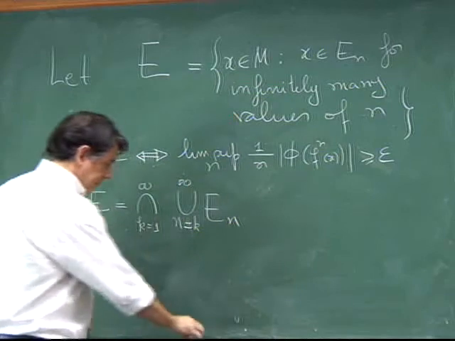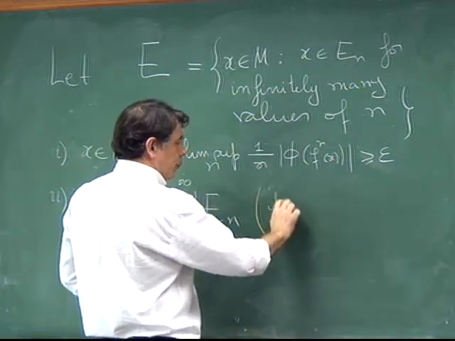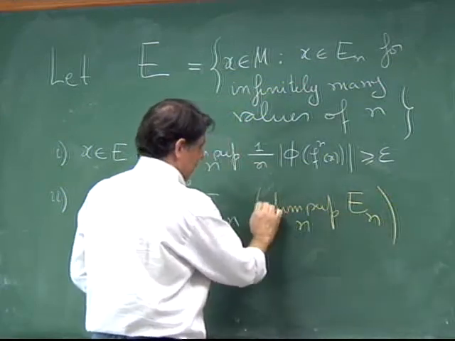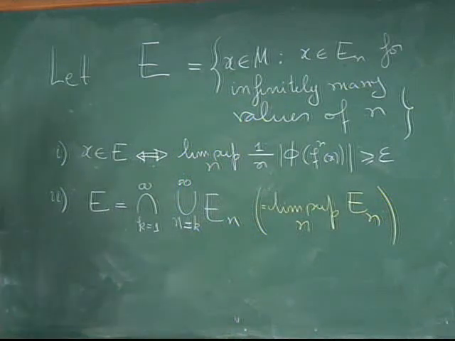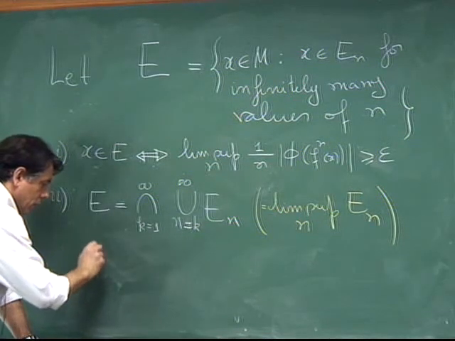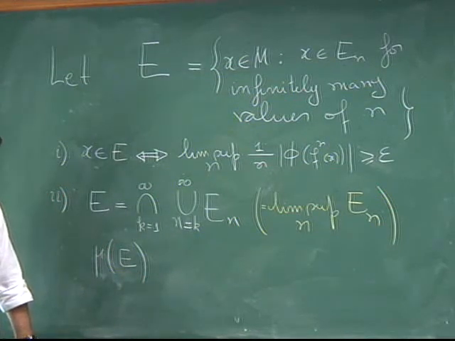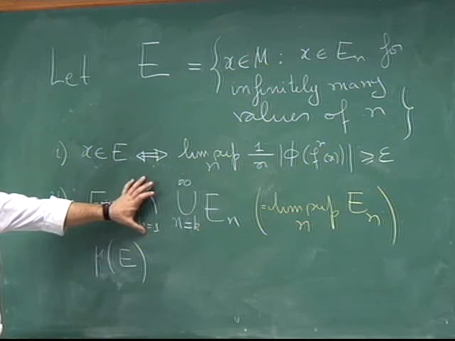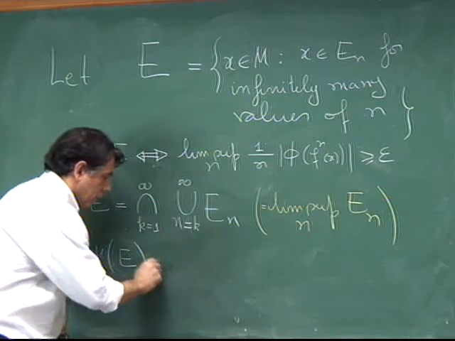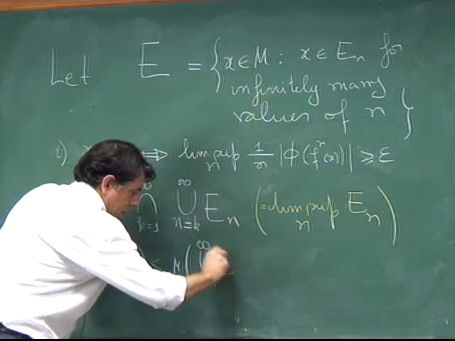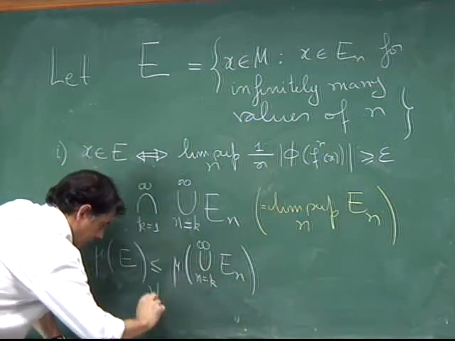By the way, this is sometimes represented as lim sup of E_n. This is just a notation. So the measure of E, which is this intersection, is less or equal than the measure of this union for any k.